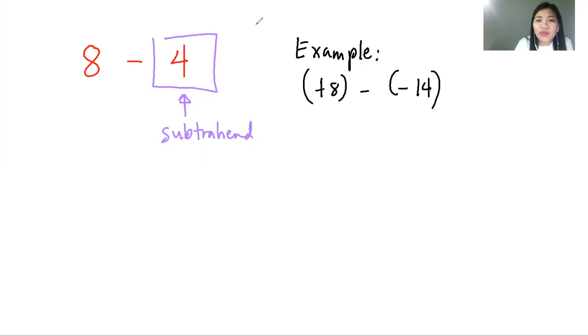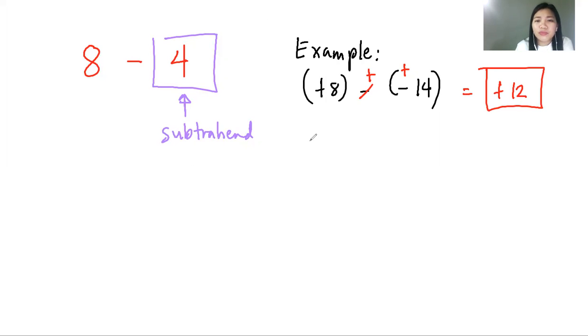The first step is that the minus sign will be changed to a plus sign. Then the negative sign will become a positive sign. So you will follow the addition rule, which is positive 8 plus positive 14, resulting in positive 22.